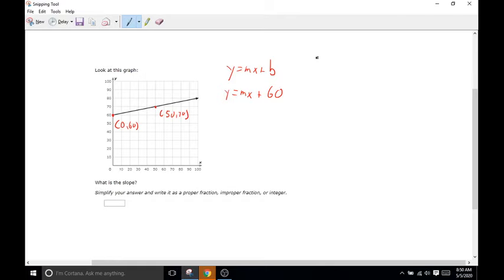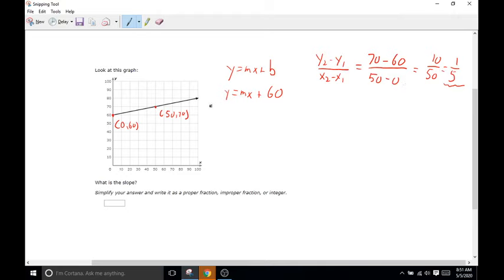And now we'll just do our y2 minus y1 over x2 minus x1. So y2 I'm going to say is 70 minus our y1, which I'm going to say is 60, divided by 50 for x2 minus 0. Okay, 70 minus 60 is 10, and 50 minus 0 is 50. So 10 over 50 is just 1 over 5. So our slope is going to be 1 over 5.